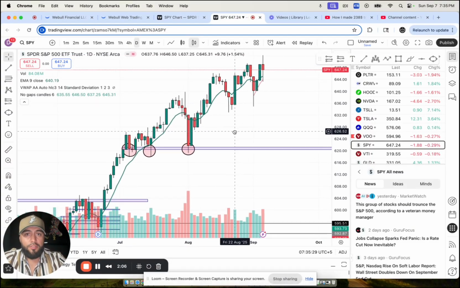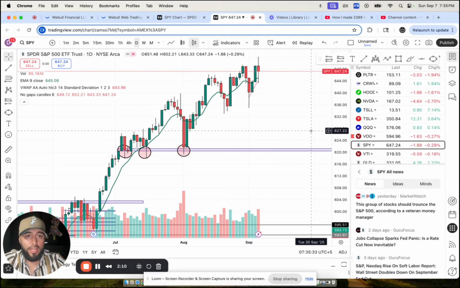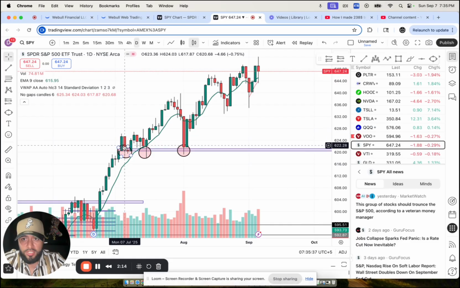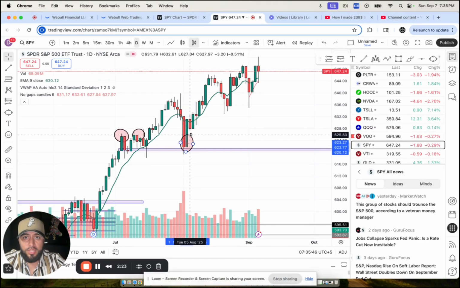Where else do we have another level where we have reactions at these psych levels? I like to see bounces and reactions. So we have reactions here. If we look up, we have a reaction there. We have a reaction here, and we have a reaction here, right?